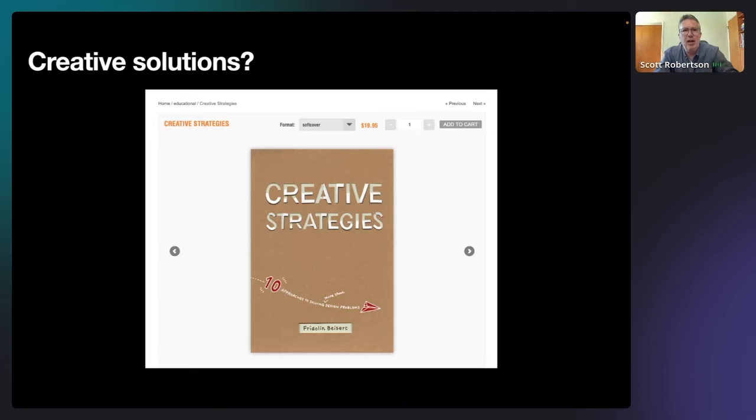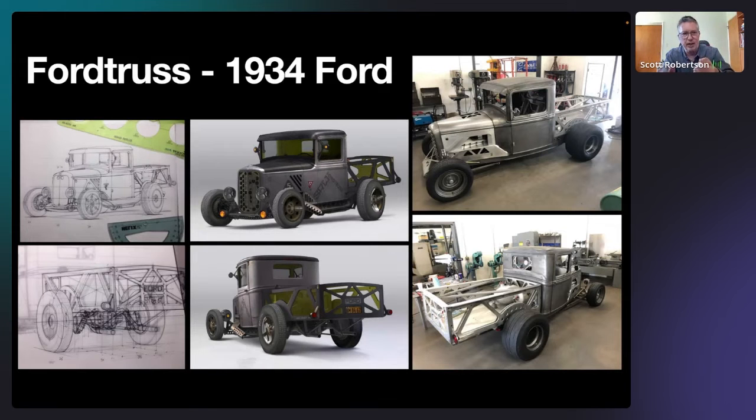It covers a lot of the things that I taught when he was in my class, but he's also done a great job at reinterpreting those and explaining them in a really nice way. So I would highly suggest this little book, Creative Strategies. It's a Design Studio Press book from my old publishing company, but super helpful if you're struggling with developing strategies on how to tackle creativity.